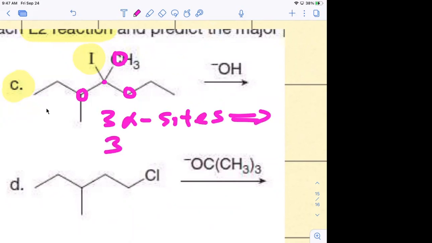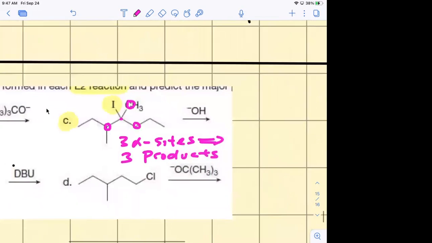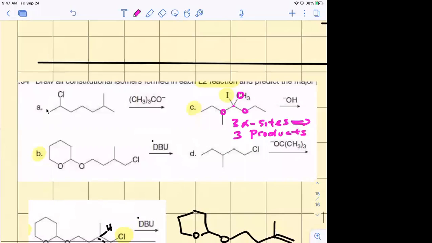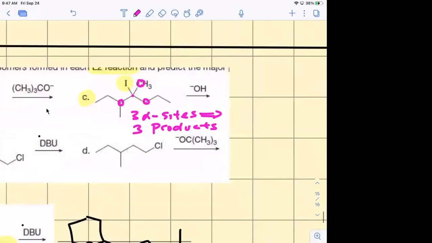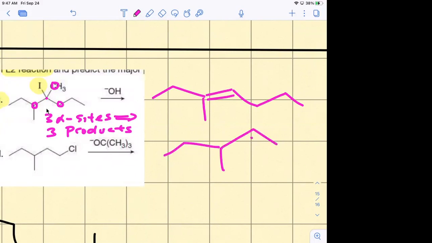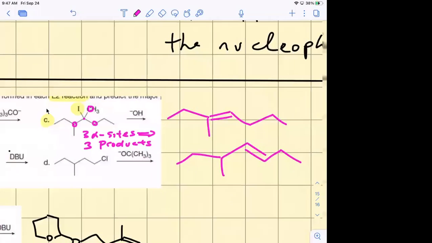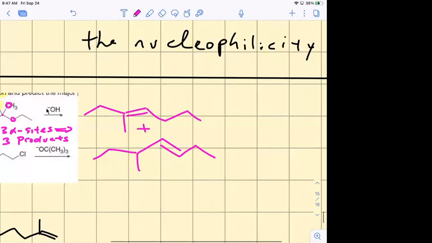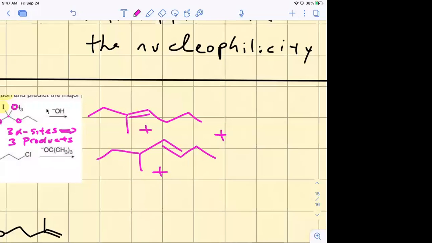So you're going to get three products. That's why the problem says draw all the constitutional isomers. I'm not going to say a trick question, but it's forcing you to look at everything that's here. So that's that. That's one. The other one is going to be with the double bond on the other side, like that. And then there's going to be one more where the double bond is here.